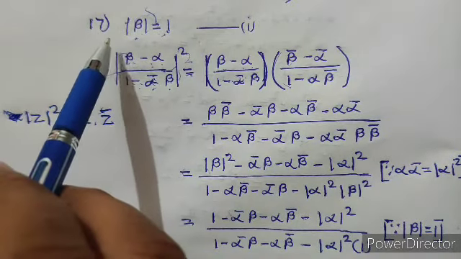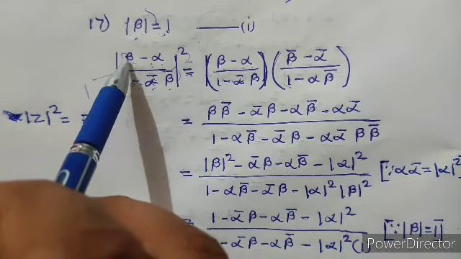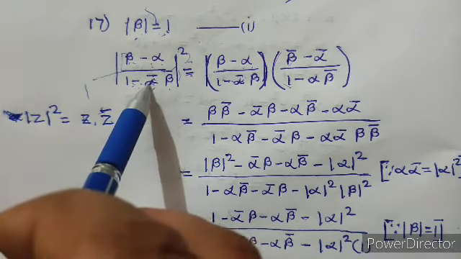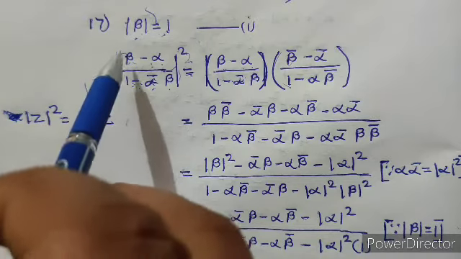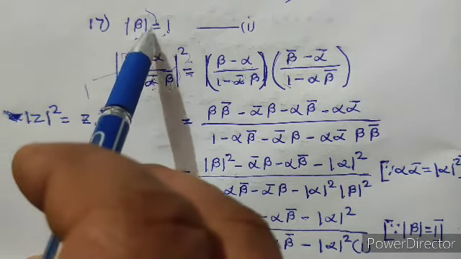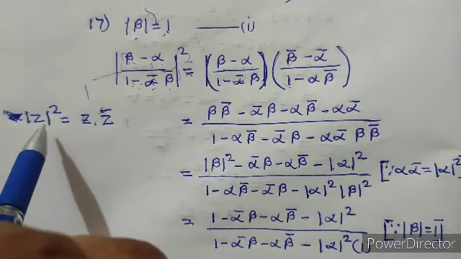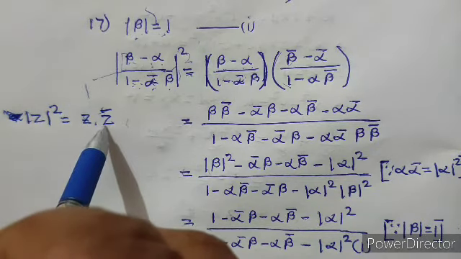Now in question number 17, we have to find out the modulus of (beta minus alpha) upon (1 minus conjugate of alpha into beta), where alpha and beta are complex numbers and modulus of beta is equal to 1. As we know that the square of the modulus of a complex number is equal to the complex number into its conjugate.